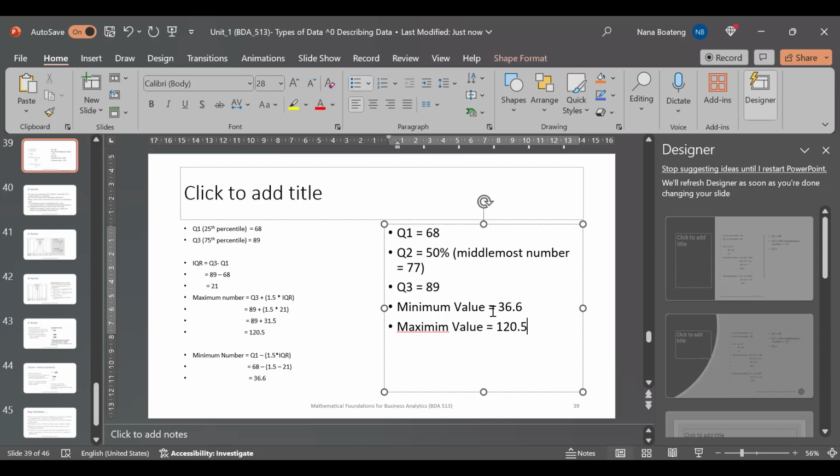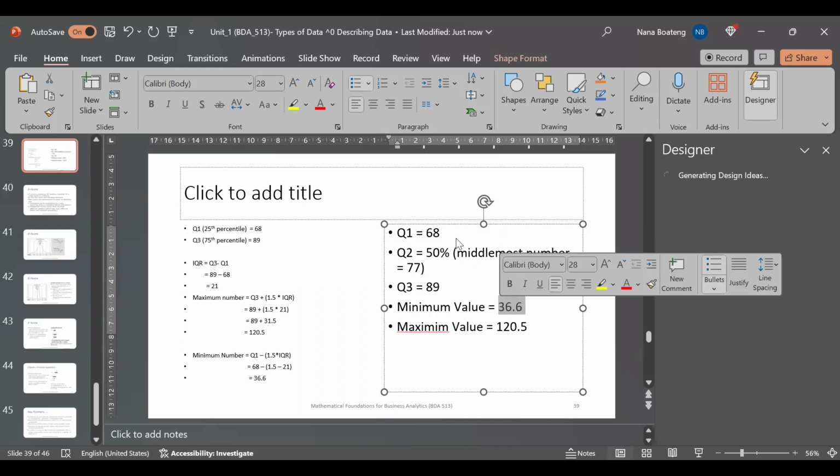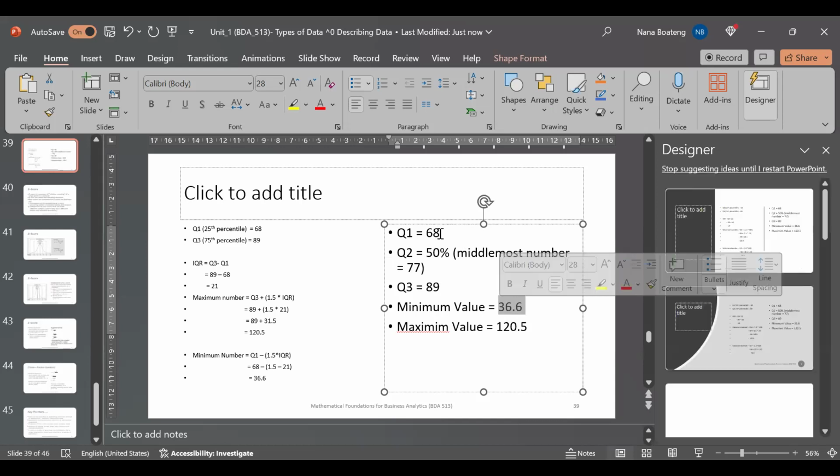So from our minimum number 36 to our Q1 is where we have our lower whisker. Between 36 and 68 is where we have our lower whisker. Our interquartile range is between the Q1 and the Q3. Our maximum value is 121.